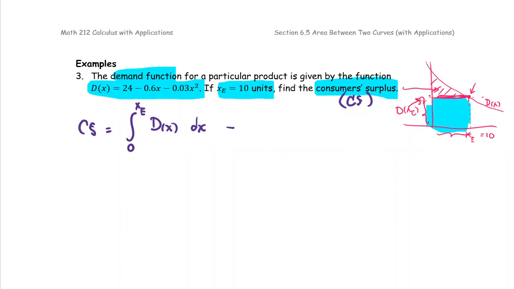I'm going to write it as a formula: xe times D at xe.